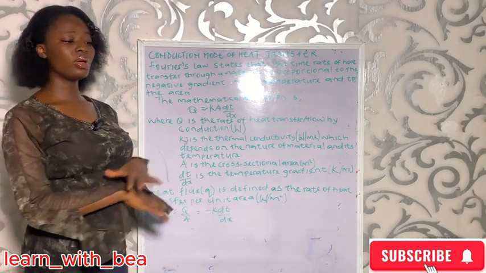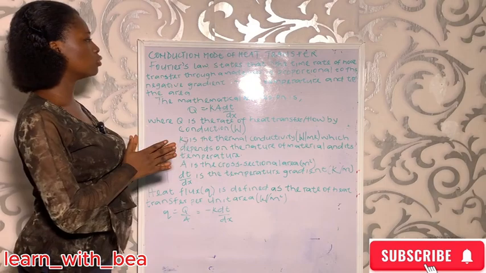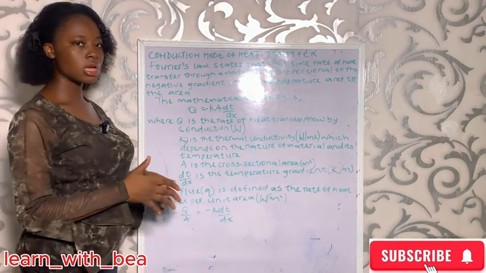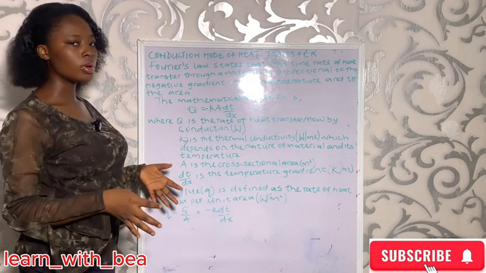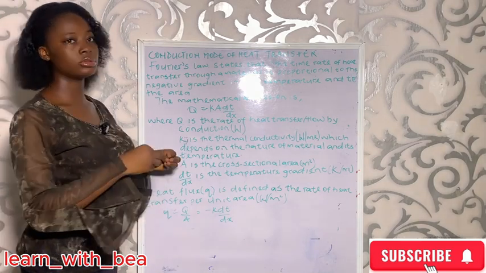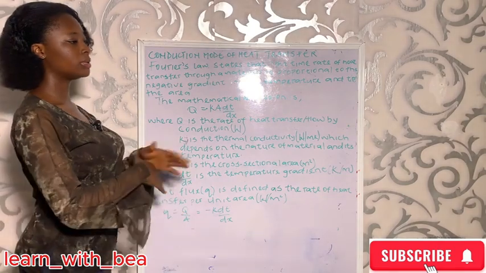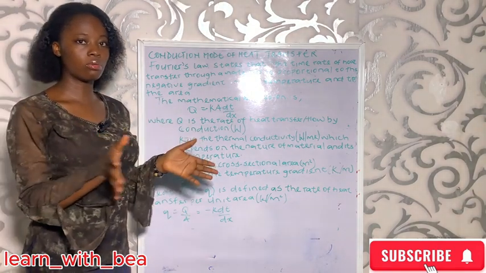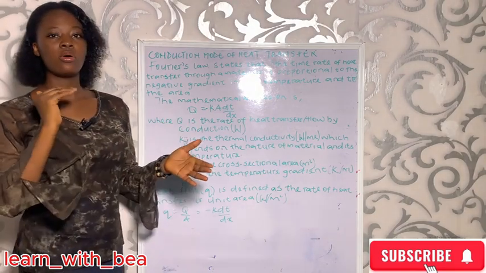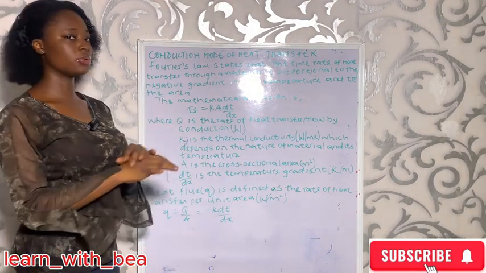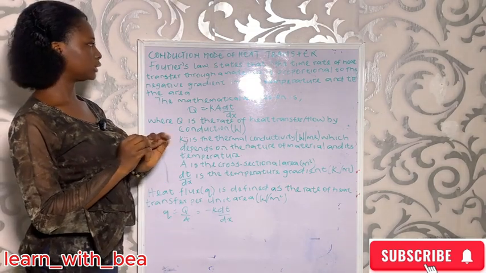We have different materials in which conduction can take place. It can take place through a plane wall, in a composite material, in a cylindrical wall, or a sphere. We are going to take note of each of these.